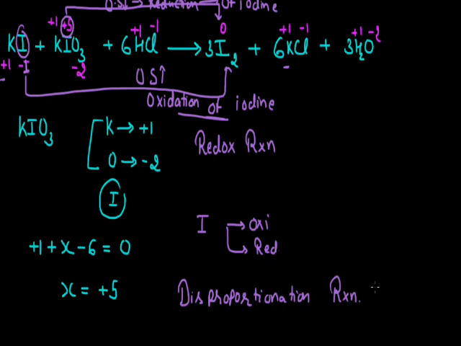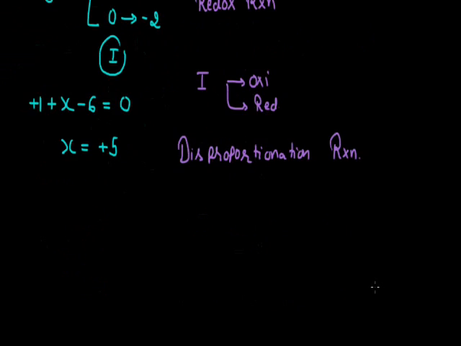This kind of redox reaction, where a single substance undergoes the oxidation process as well as the reduction process, is defined as a specific type of redox reaction, and this is known as a disproportionation reaction. So this is about redox reactions. And one more important thing: the substance whose oxidation occurs is defined as the reducing agent.